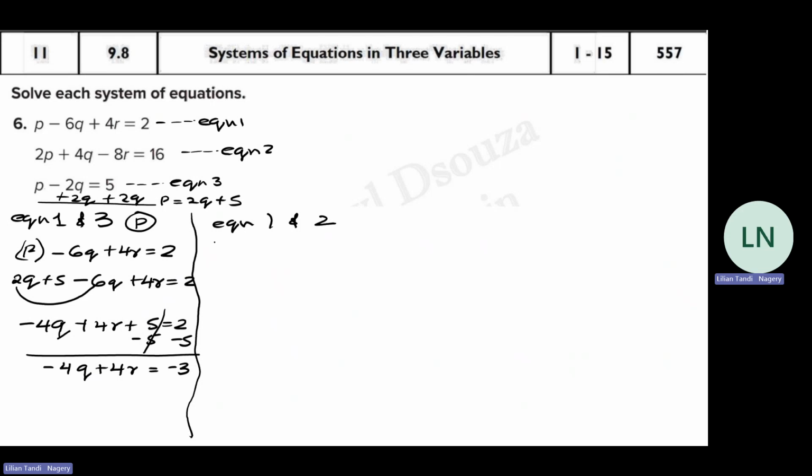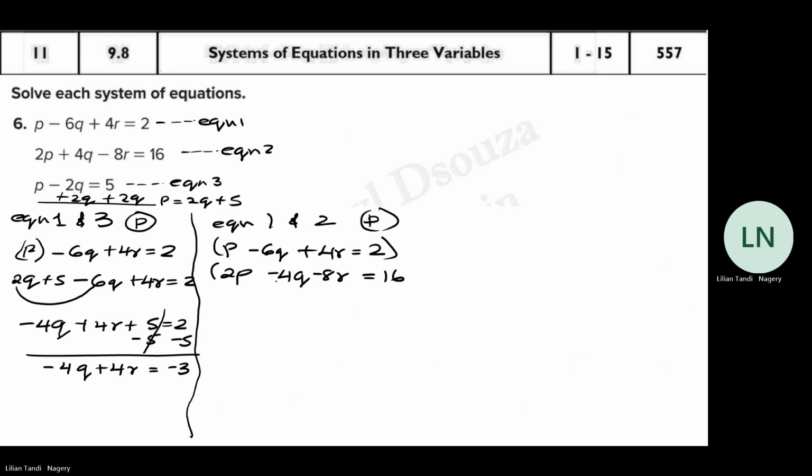Then equation 1 and 2. P minus 6q plus 4r equals 2. 2p minus 4q minus 8r equals 16. I'm eliminating p.